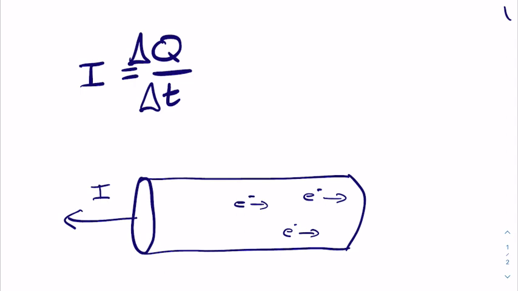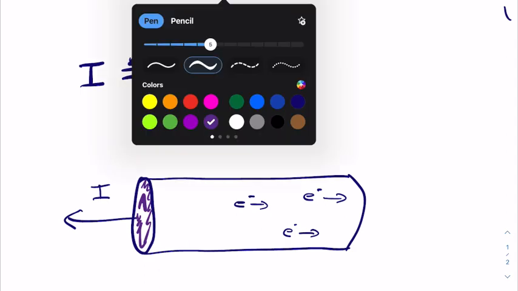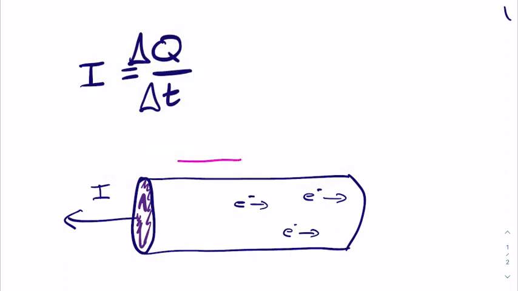fast those charges are flowing, because we can think about if this wire has an area of A. That's the area there, and the current, let's say, is moving with a velocity v.